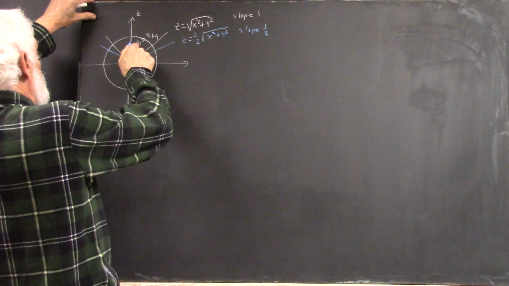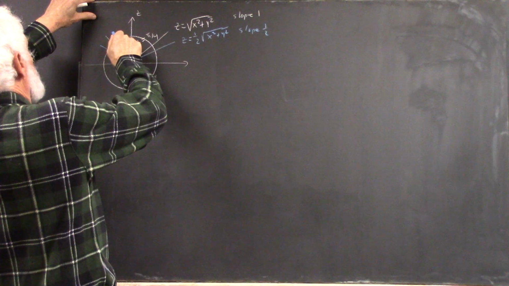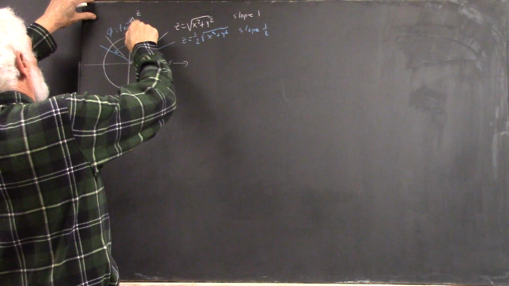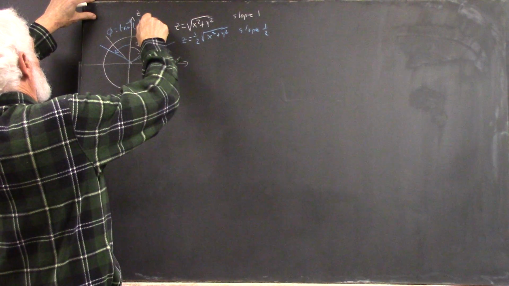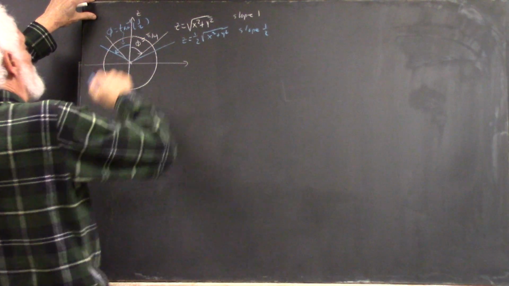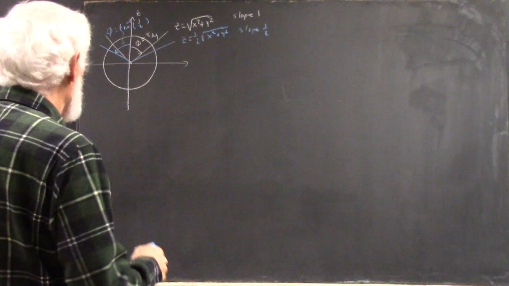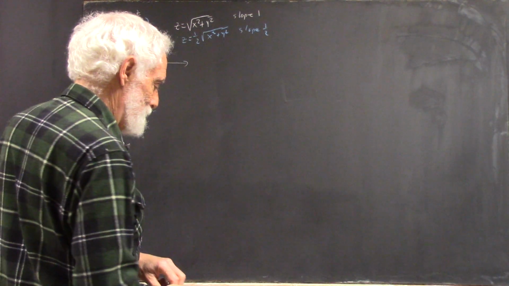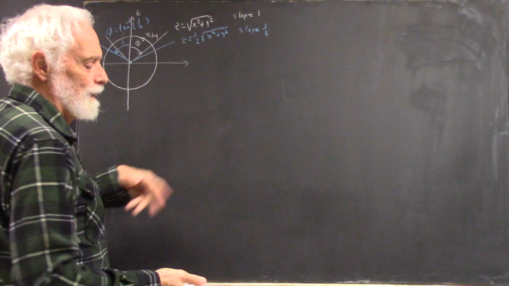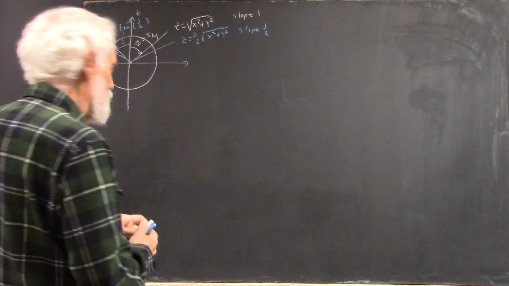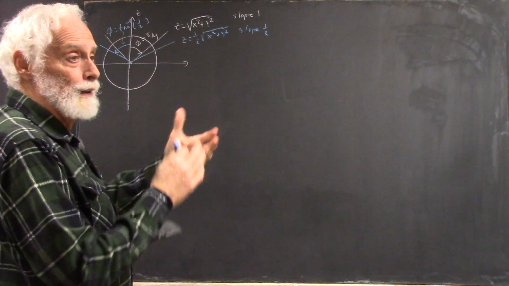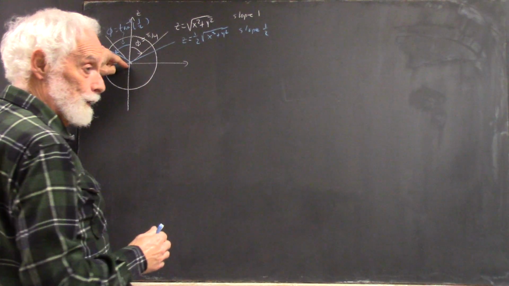And I'll indicate the angle here, and that's phi equals the arctangent of 1/2. So this also cuts a conic section out of the sphere, which is a cone with apex at the origin.